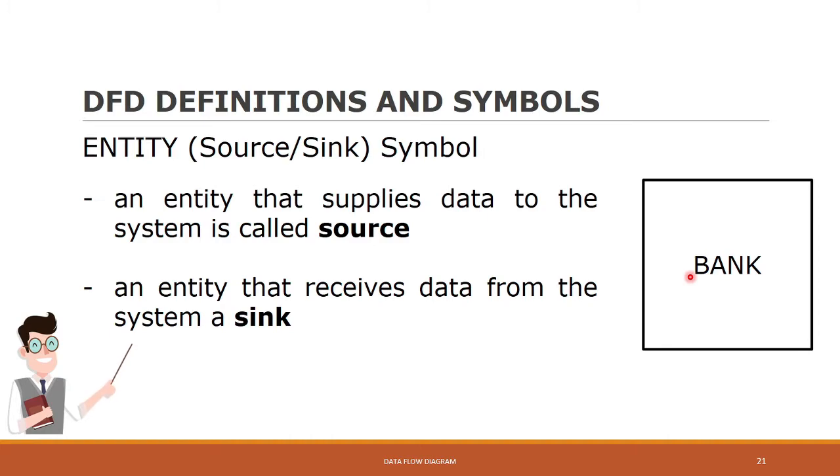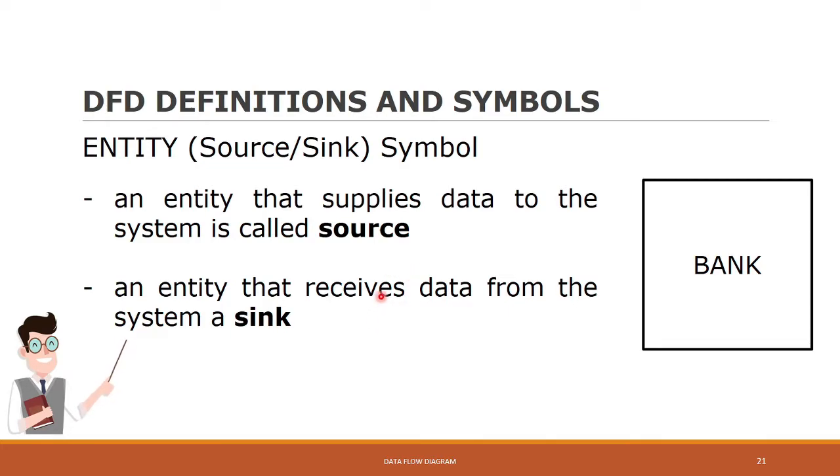Data flow diagram entities are also called terminators because they are data origins or final destinations. System analysts call an entity that supplies data to the system a source. An entity that receives data from the system is called a sink.